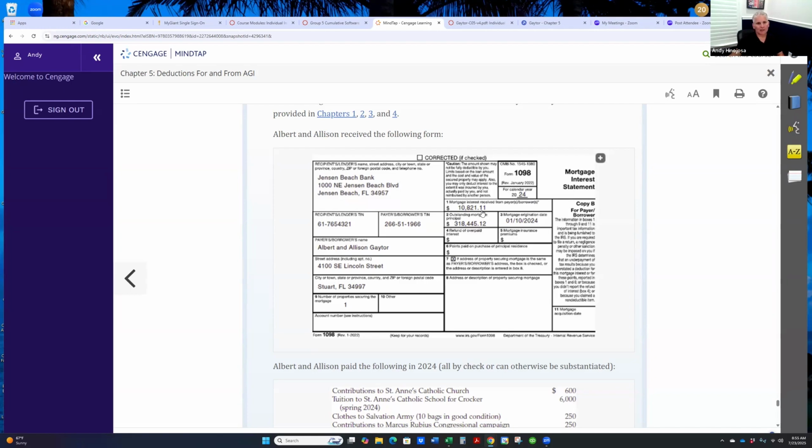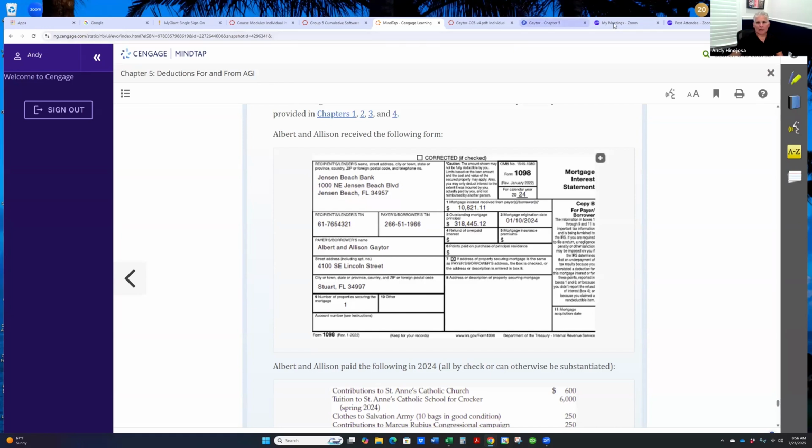Mortgage interest is a deduction from AGI, which whenever I say from AGI, that means it goes to what's called the Schedule A. The Schedule A is an accumulation of from AGI deductions. It is below AGI. So if it's below AGI, we call it from AGI.